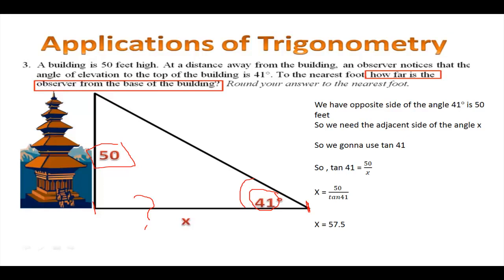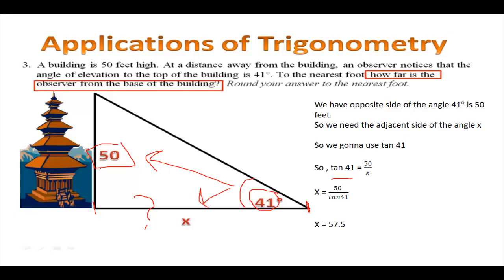So we have an angle here. We have the opposite and we don't have the adjacent side. So what is the trigonometric ratio that relates the opposite and the adjacent side? Of course it's tan. So tan 41 will equal the opposite, which is 50, over the adjacent side, which we don't know.